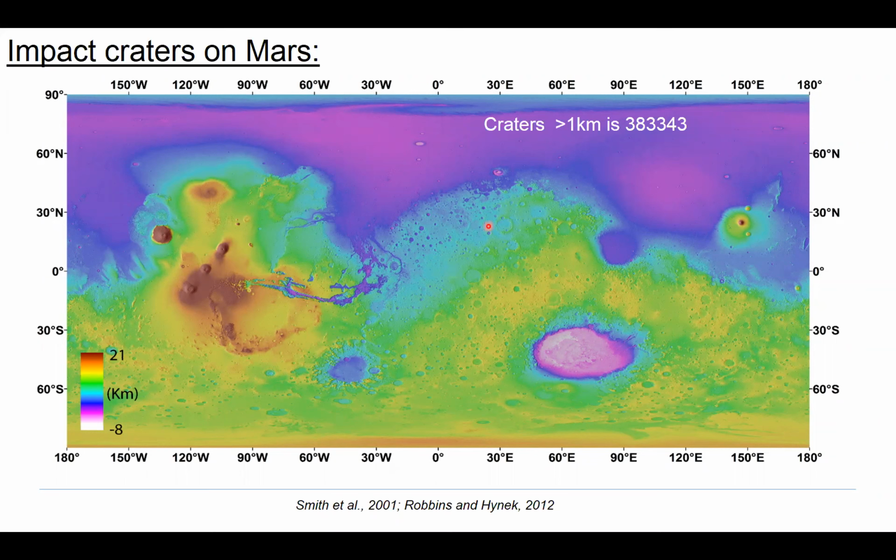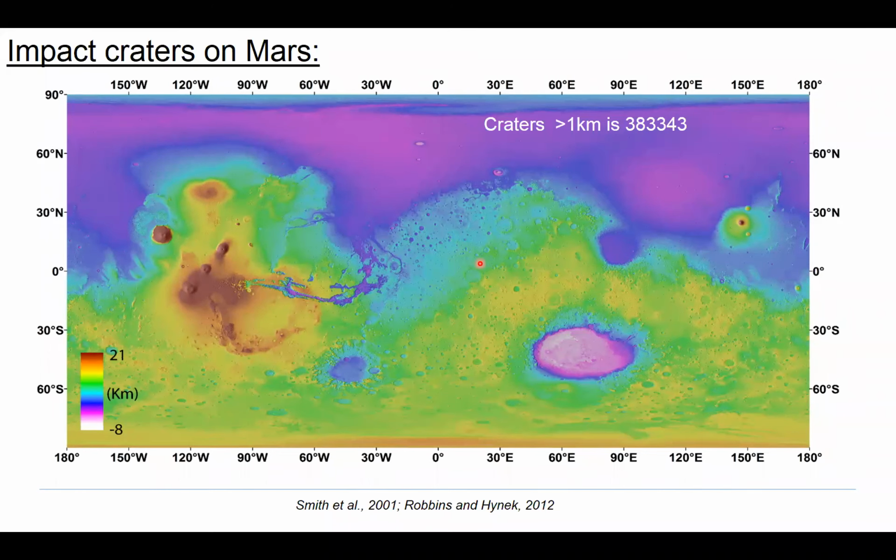They vary in diameter. Robbins and Hynek have mapped the craters on Mars whose diameter is greater than 1 kilometer, and the count is nearly 3.8 lakhs. So it's a huge number of craters greater than 1 kilometer diameter present on the surface of Mars.